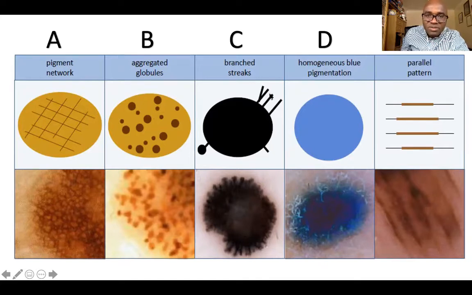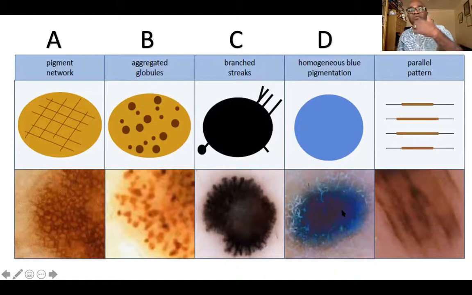So starburst appearance, branch streaks, and then the other diagnostic criterion of a melanocytic lesion is this homogeneous blue pigment, which is deep melanin in the deep dermis, which will look like this in a blue nevus.